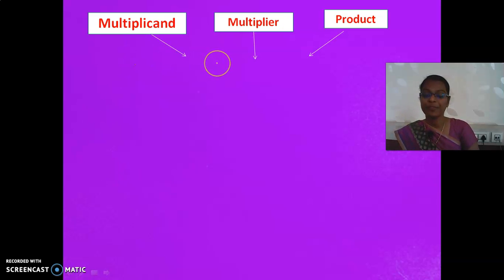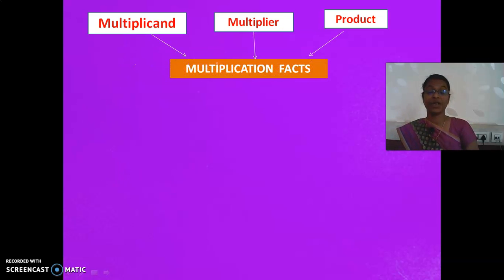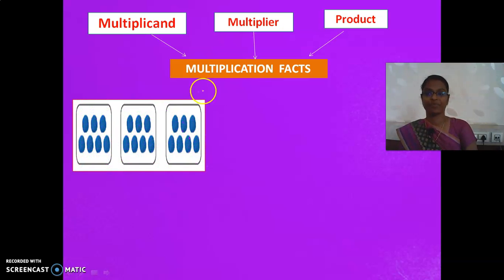So these are the 3 terms. With the help of these 3 terms, we are going to write the multiplication fact. So already you have learned, when you interchange the numbers in addition, you will get the same answer. So likewise, here we are going to learn how to create the multiplication fact with the help of the terms multiplicand, multiplier and the product. So now see the first picture.